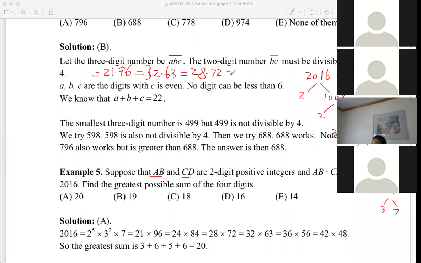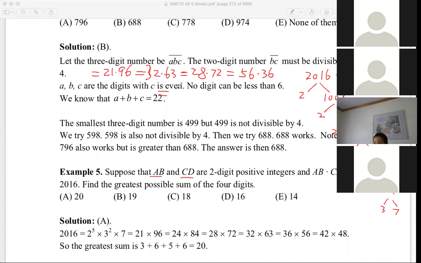Right? Then what else? We can also give 28 times another 2. That would be 56 times 36. This is another choice, right? We can also give 28 times 3.